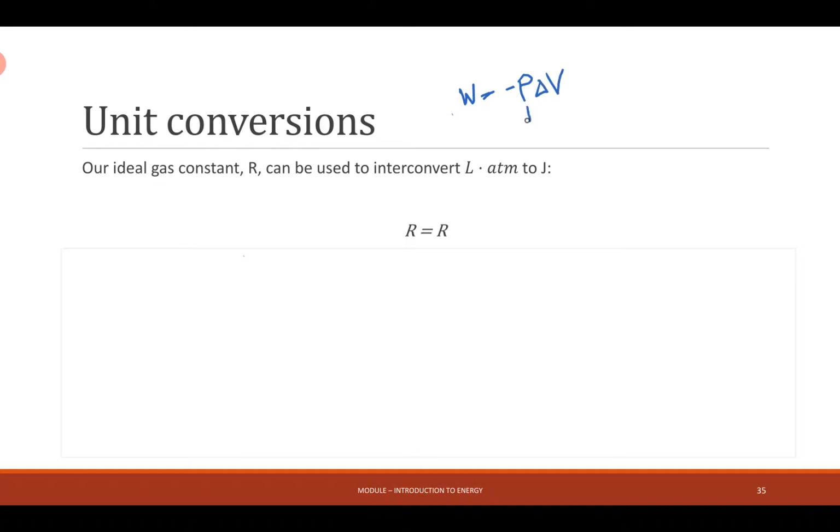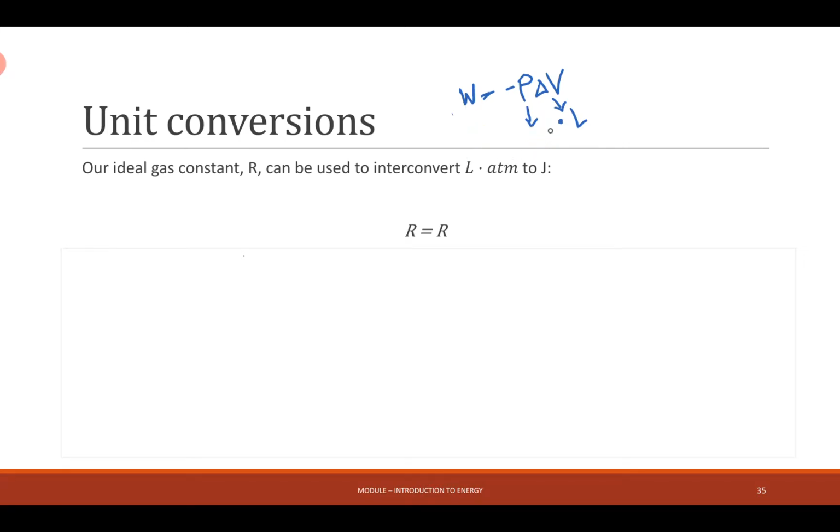The units for pressure can be any of our pressure units like atmospheres, and the volume unit would be liters. But work is a unit of energy, which is measured in joules. And so we have to be able to convert between liter atmospheres and joules.